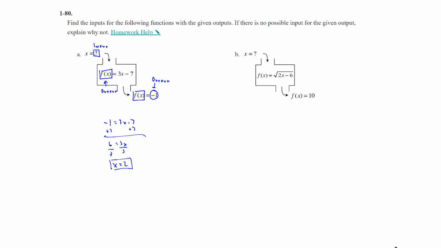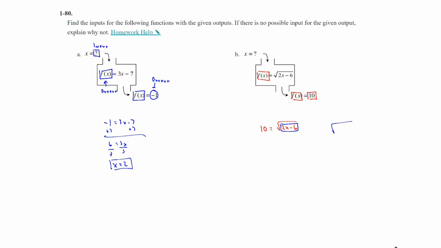On B, same thing. They give us the output, so y or f of x is equal to 10. So we're going to replace the output with 10, is equal to the square root of 2x minus 6. And so we can do a couple of things here. We can look at this problem and determine, what number underneath the square root would I need to take to get 10?